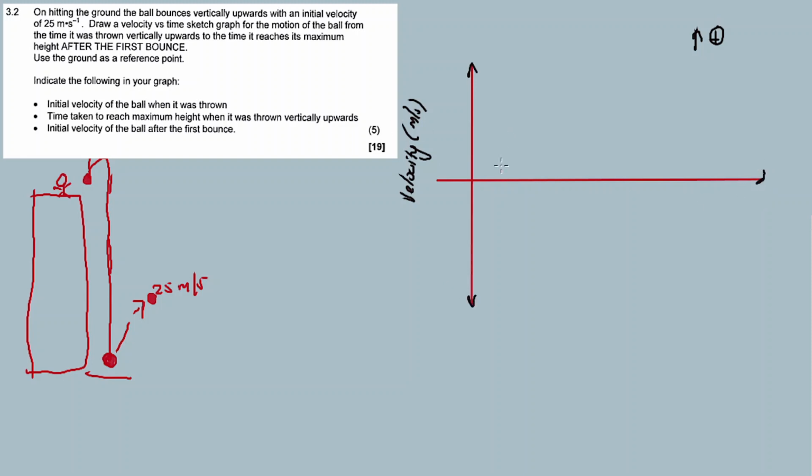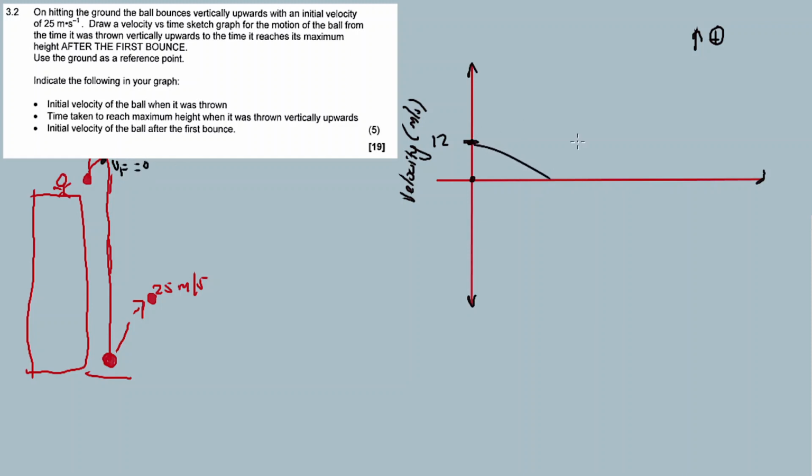Now initially we had a velocity of 12, right? It will be on the positive side because the initial velocity is going up. So we have 12, then the ball goes up. What happened to its velocity? The velocity decreased because when the ball arrives at the top, we have a velocity of 0.